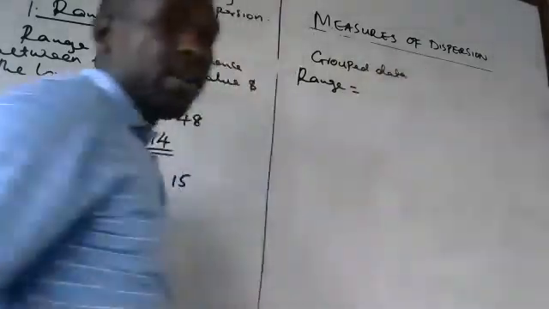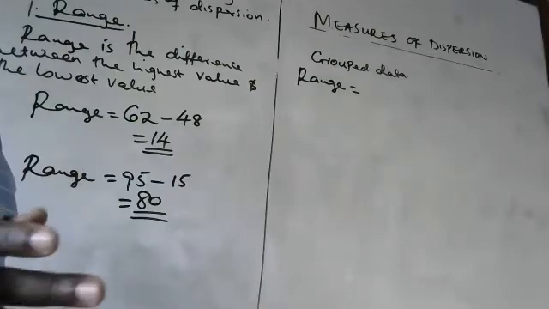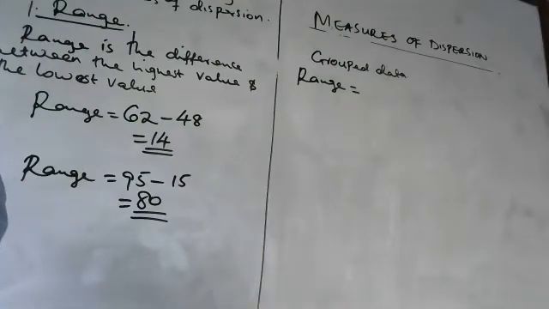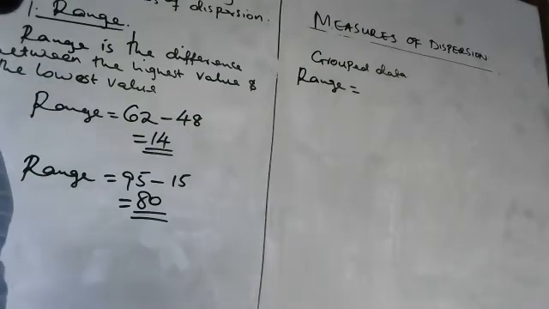And remember, anytime we mention the word grouped data, what should come to the back of your mind is that it is data that has been organized into classes, from the lower limit all the way to the upper limit.